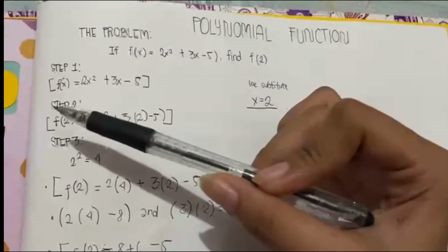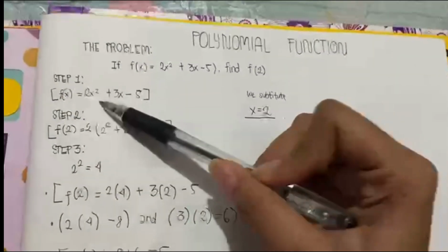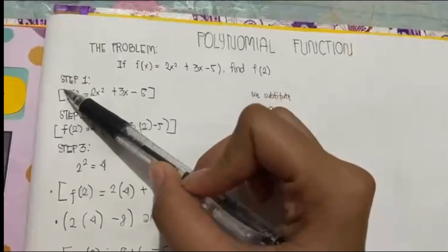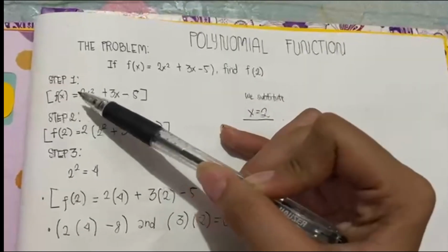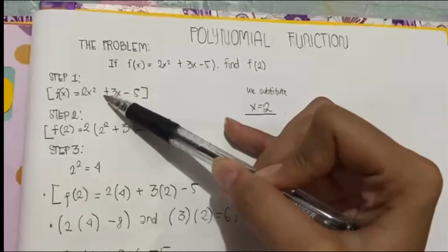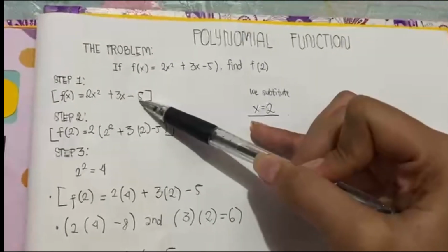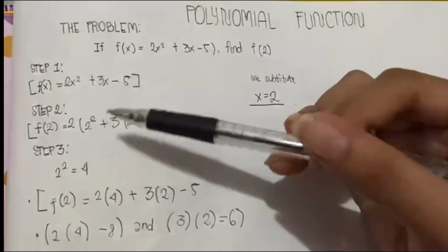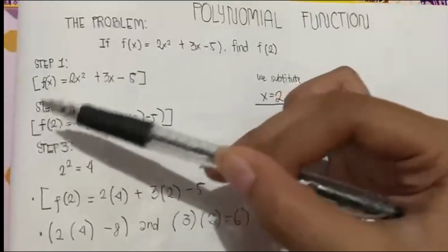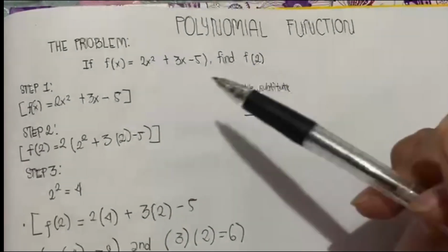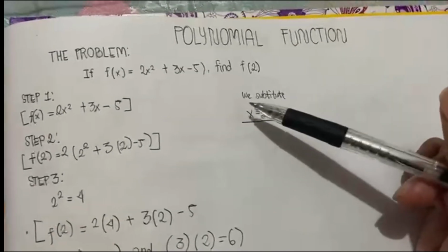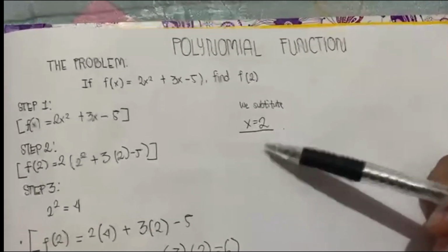The first step is to copy the problem. This is f of x equals 2x squared plus 3x minus 5. After writing the problem, we're gonna proceed on step 2. So, we are gonna substitute the x to 2.